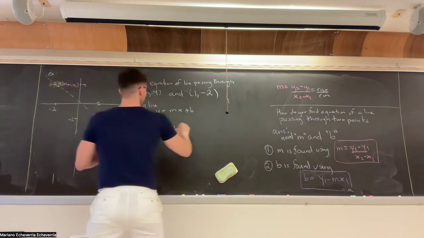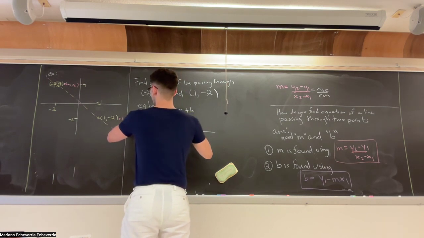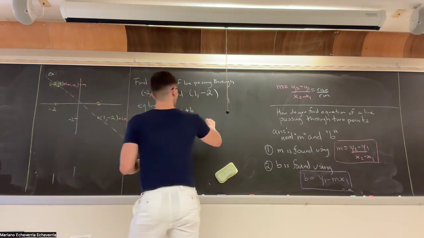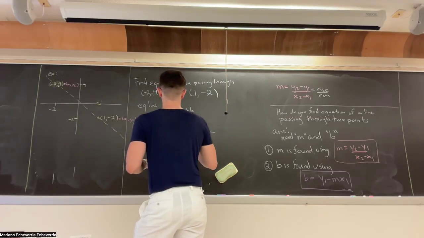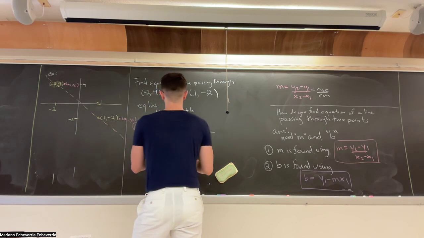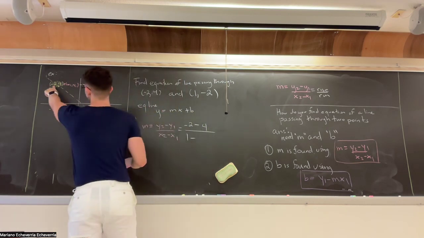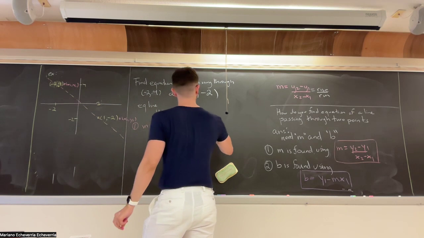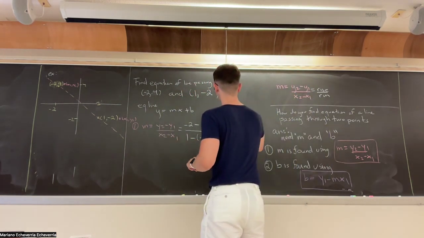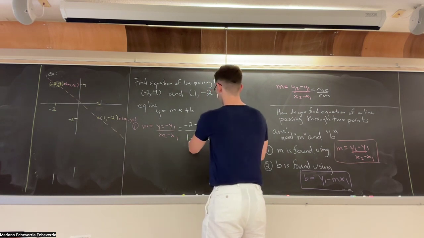So you compare the y values: the y value here is -2 minus the y value here, which is 4. And then the x value for the second point is 1, and the x value for the first point is -2. So this gives you -6 over, negative becomes a plus, so 1 plus 2.